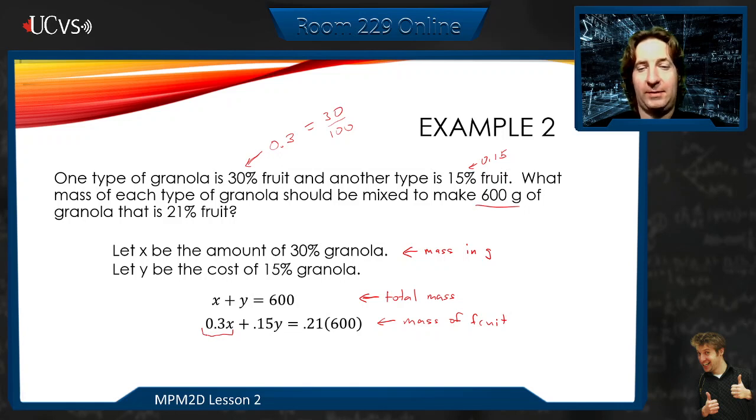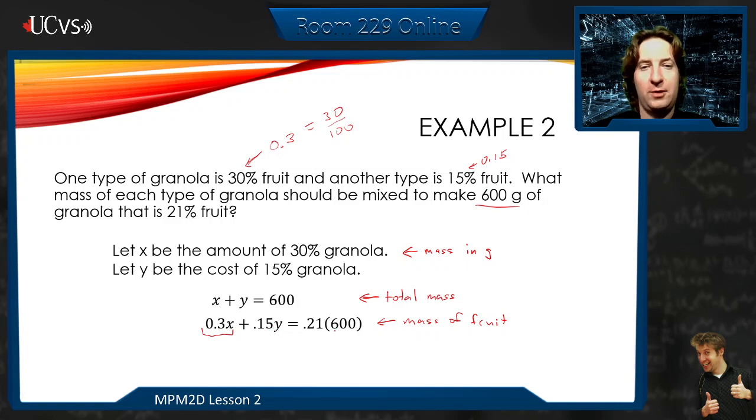Right? I know that I'm going to get a certain amount of fruit from the first one, right? I know there's a certain amount of mass. x represents how much granola we have. And if I multiply by 0.3, that gives me how much fruit I get from the first granola. If I multiply the second amount of granola by 0.15, that tells me how many grams of fruit I get from the second granola. And if I add them together, I'm going to get my total amount of fruit.